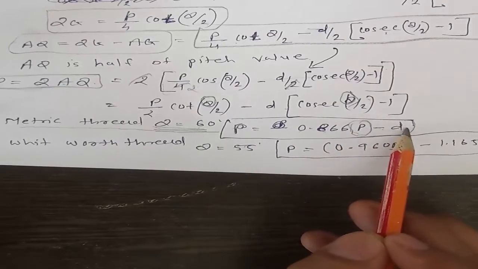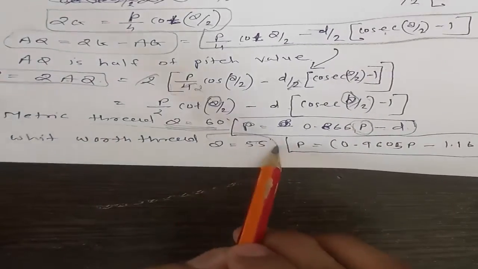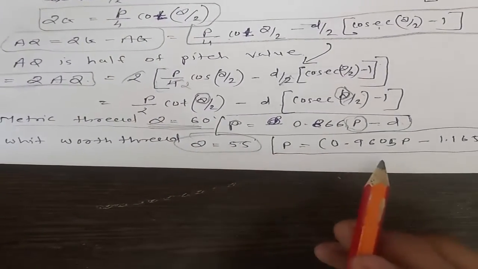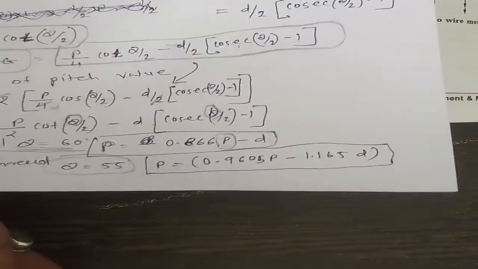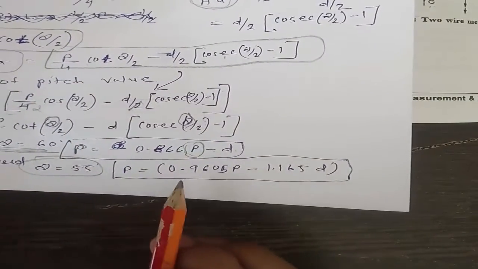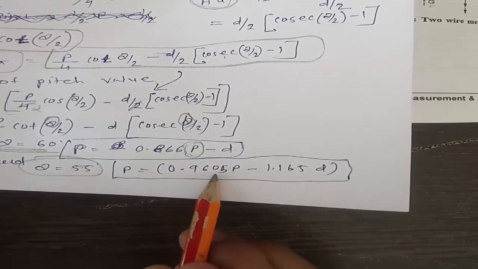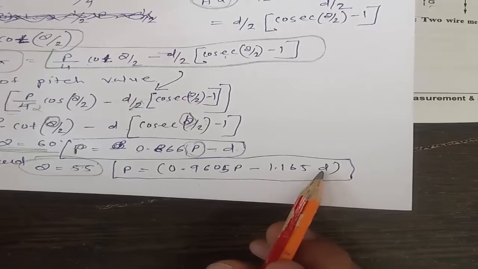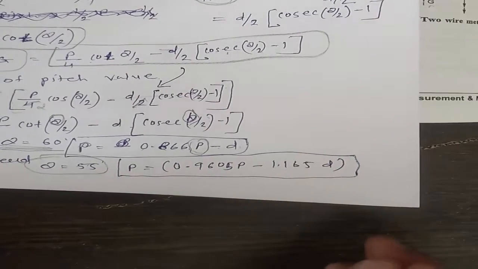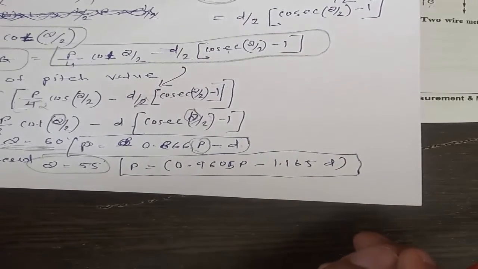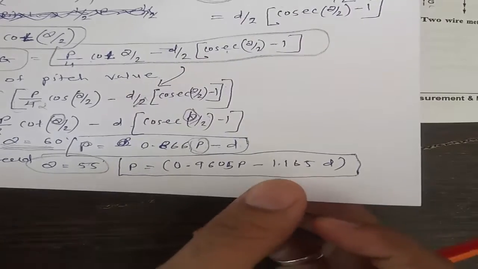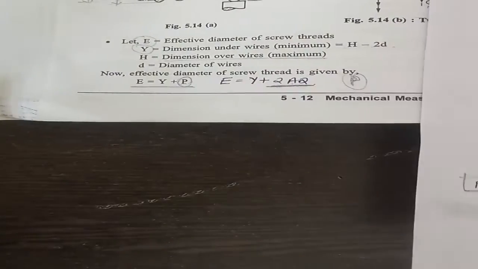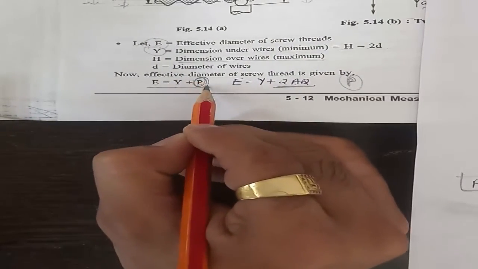And if theta is equal to 55, which means a Whitworth thread, then P is equal to 0.9605 P minus 1.165 D. By this way we can find the effective diameter by using the two-wire method. So finally, we have to find out this P.